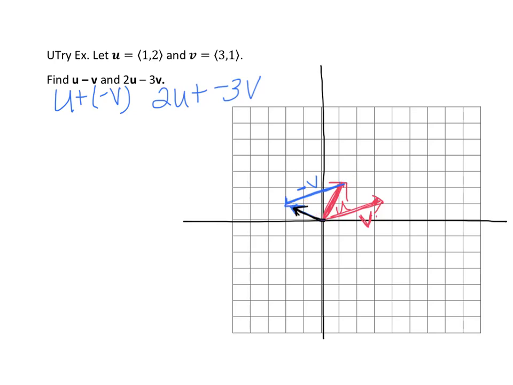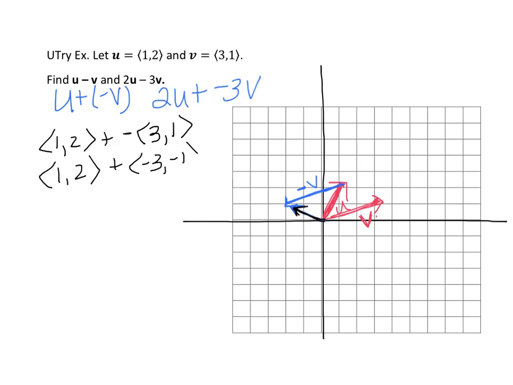My resultant vector, if I do it by hand, I'm going to have 1, 2 plus negative 3, negative 1. So this leaves me with negative 2 and 1, which exactly matches what I drew right there.